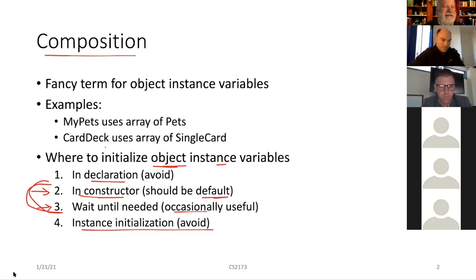So the difference is that instantiate means new. If we say new, then that's instantiate, with the one exception of a string. With a string, if we have a string equal to something inside quotes, then that's the way of instantiating strings.